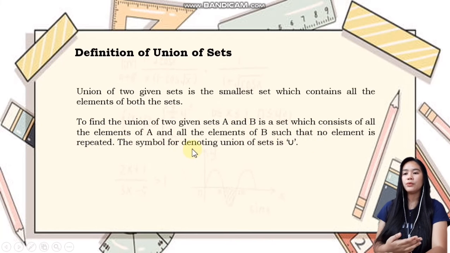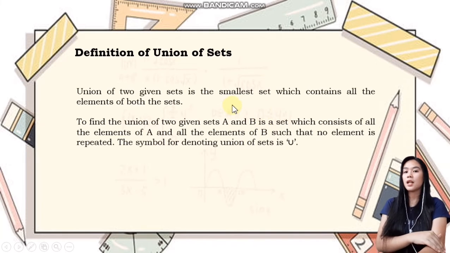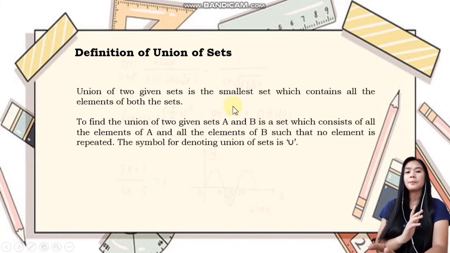The symbol for denoting union of set is like this. It looks like a U. So, ibig sabihin ng ating union of set ay naglalaman ng lahat ng elements ng ating parehong sets. So, ayan.